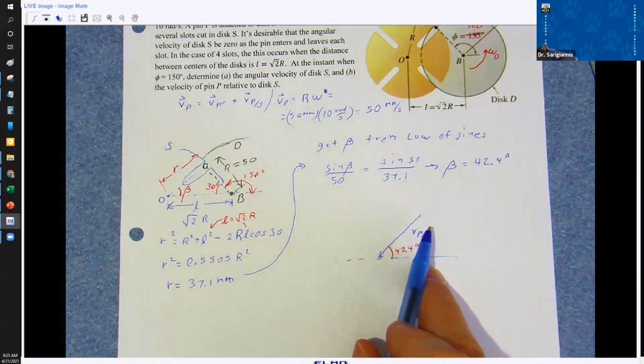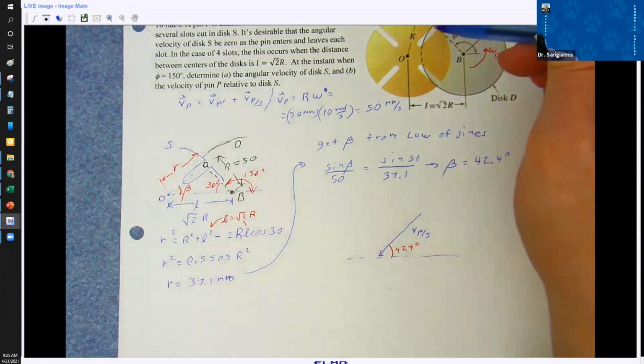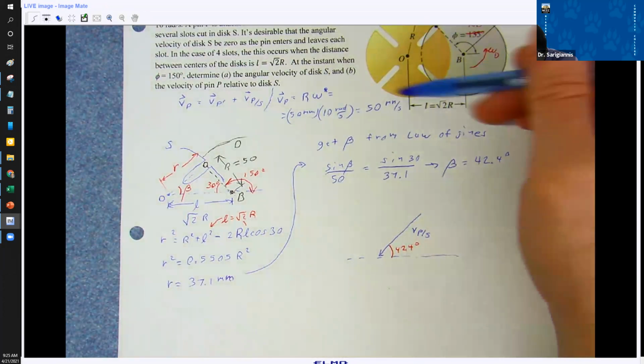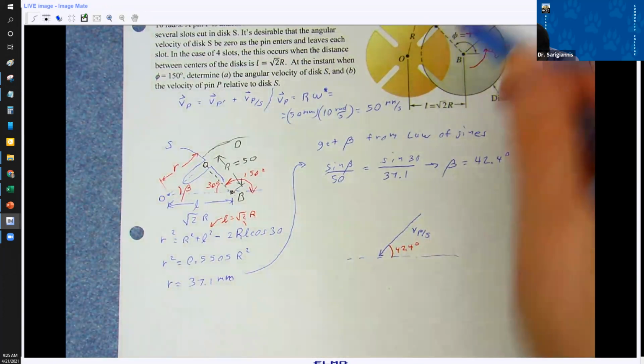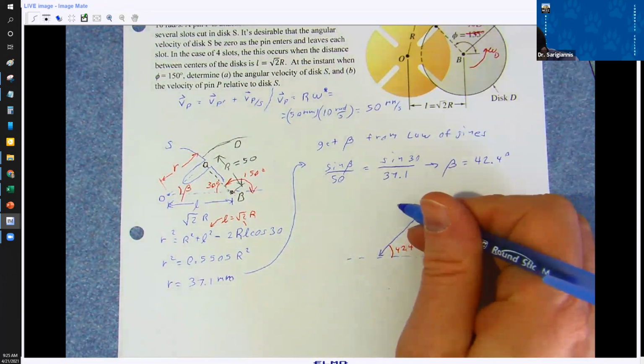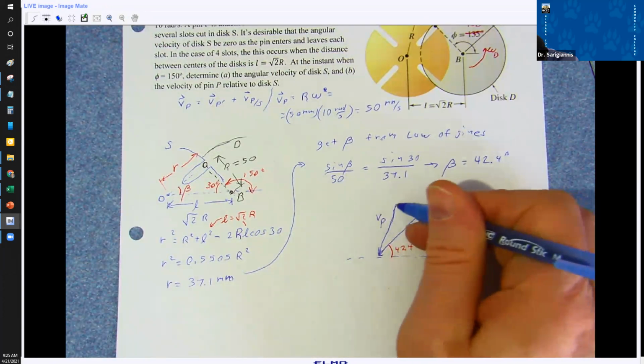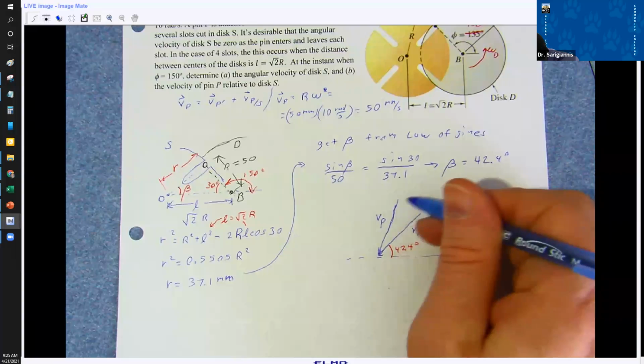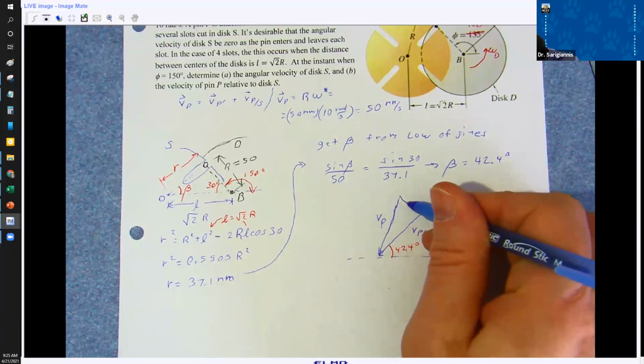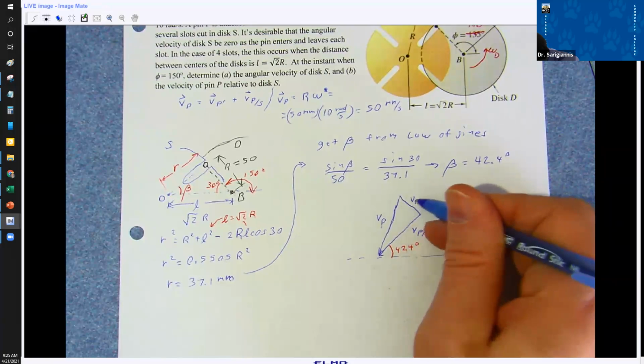We also have V of P, which is moving, again, this diagram here makes it look like it's moving at a 90-degree angle, but V of P is moving along like this. And then we have a connecting V of P prime.